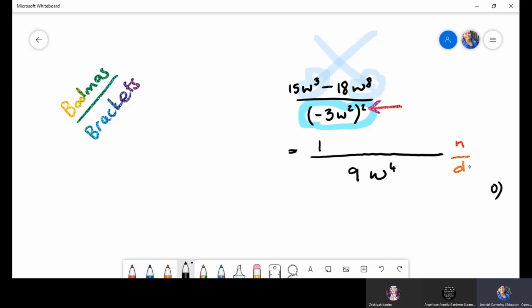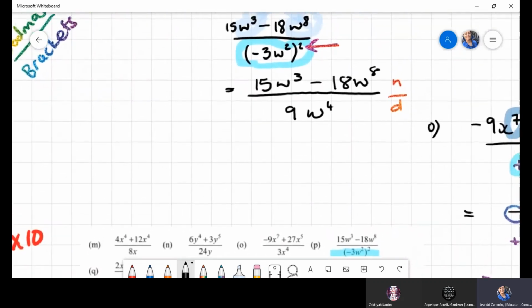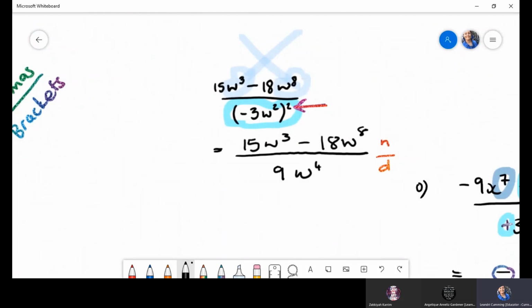I leave the numerator as it is. It cannot be subtracted as the powers are not the same. Let's check if I wrote that down correctly. Yes. Then I go straight into separating my term.